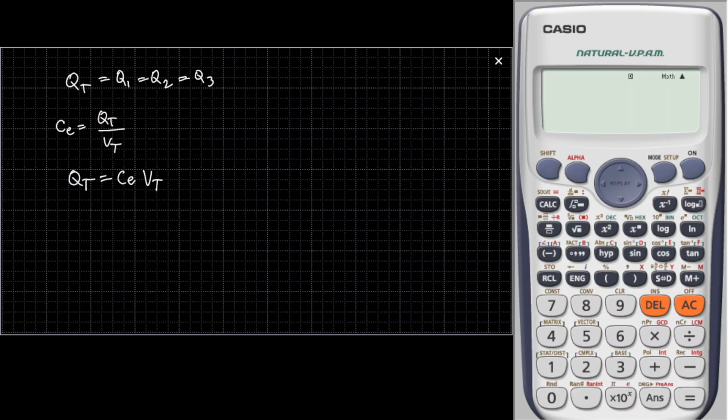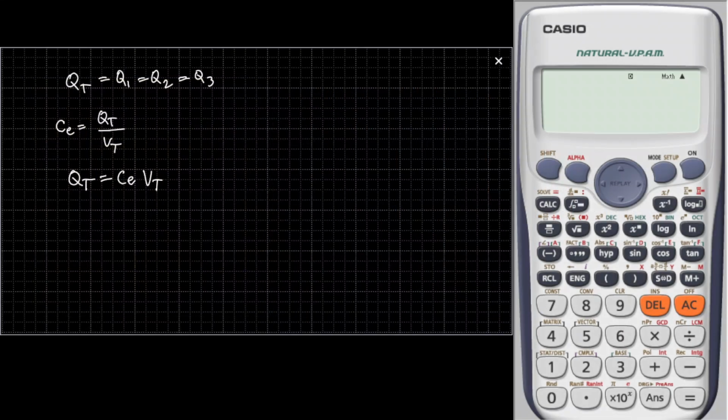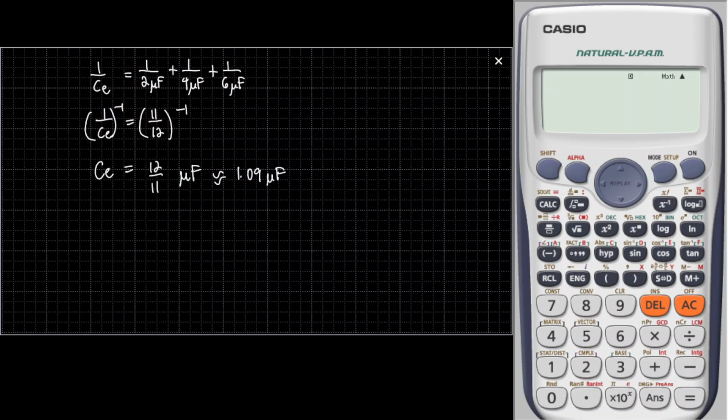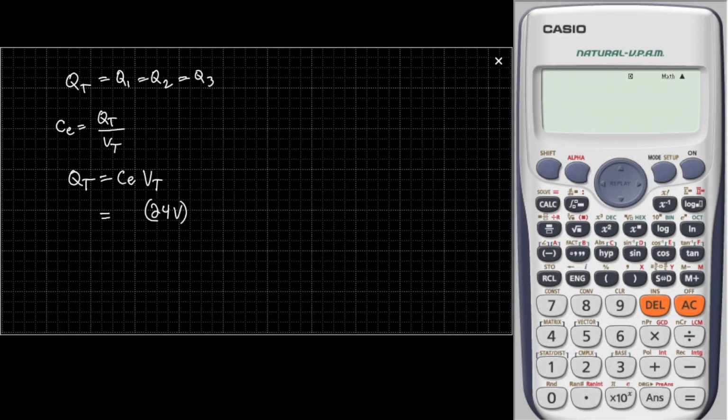So you will get VT from the given, which is 24 volts, the total voltage. And remember, our equivalent capacitance earlier is 1.09 microfarad. So you just substitute it here.